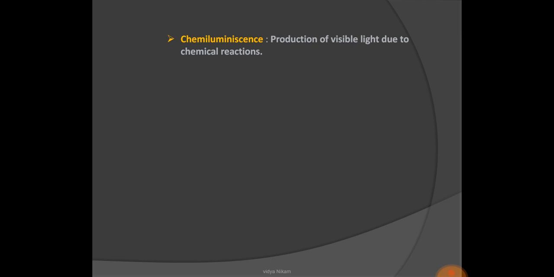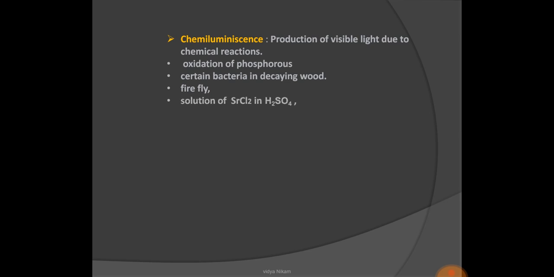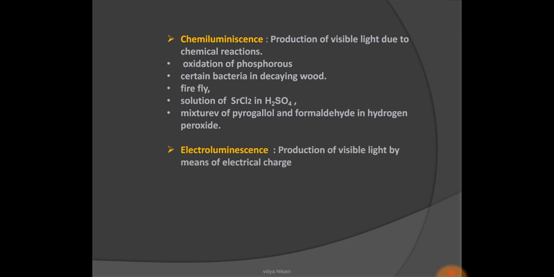Chemiluminescence is the production of visible light due to chemical reactions. For example, oxidation of phosphorus, certain bacteria in decaying wood, firefly, solution of strontium chloride in H2SO4, mixture of pyrogallol and formaldehyde in hydrogen peroxide, etc. Then, electroluminescence is the production of visible light by means of electrical charge.